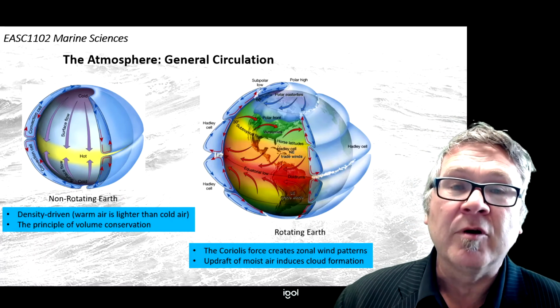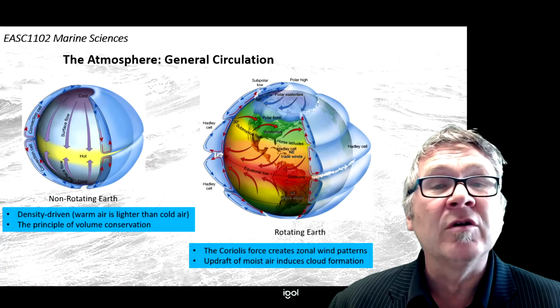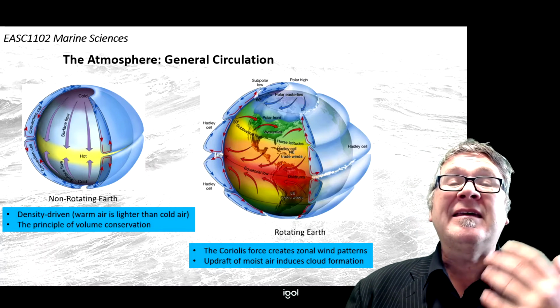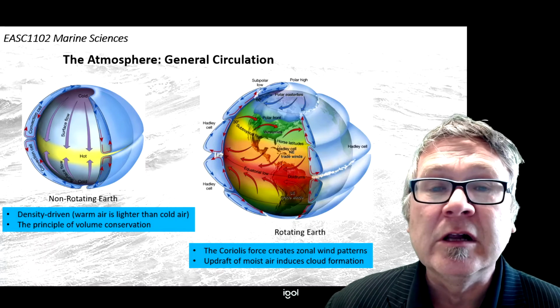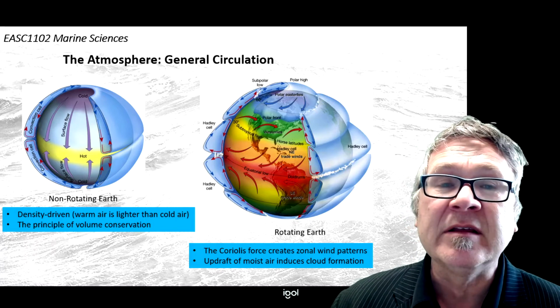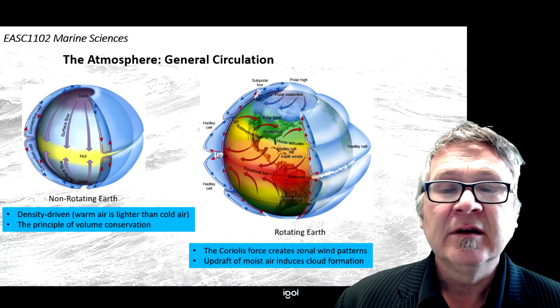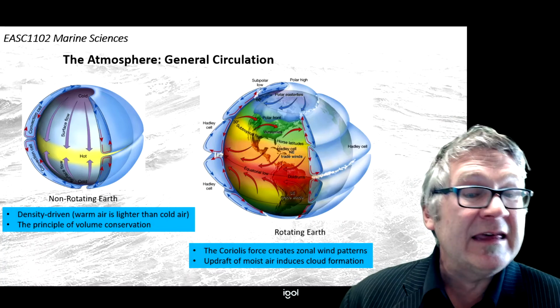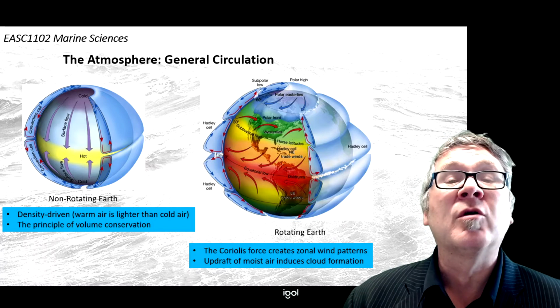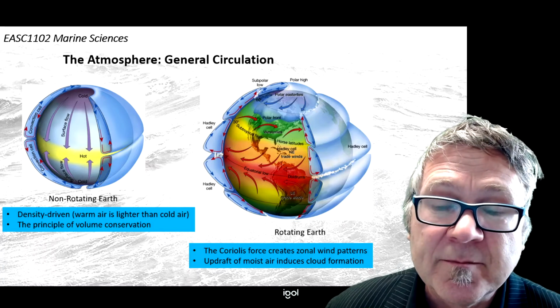Now the other important point is that the Earth's rotation also creates a key component, which is zonal winds. Zonal means from east to west or west to east. And we have key patterns. Near the equator, they are known as the trade winds.